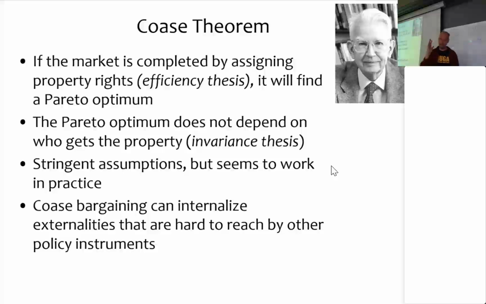Coasian bargaining can work in practice, and it's particularly good for those situations where other forms of regulation are very hard to reach, like you getting into an agreement or an argument with your neighbor about how much noise they make, right? No government will ever step in there, but you can solve this on your own. That's all I wanted to say.